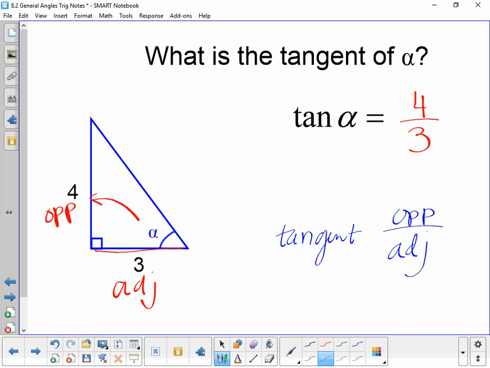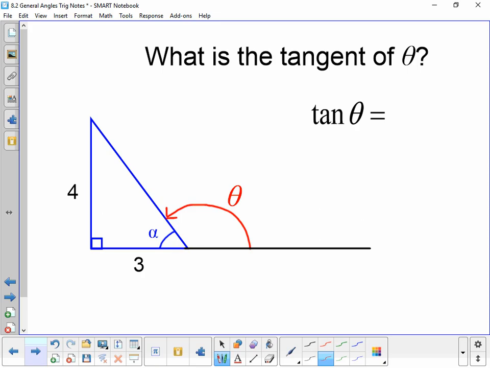But what if we didn't want to know the tangent of alpha? What if we wanted to know the tangent of theta, where theta is this angle shown in red? Well, we've always talked about tangent as being the opposite over the adjacent, but this angle theta isn't inside of a triangle.